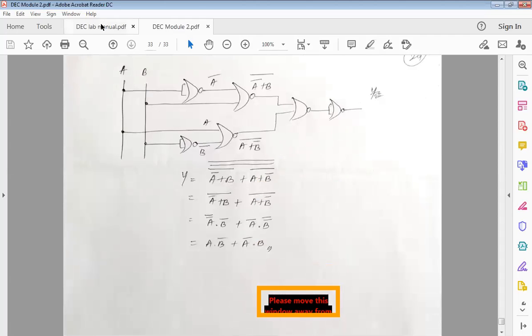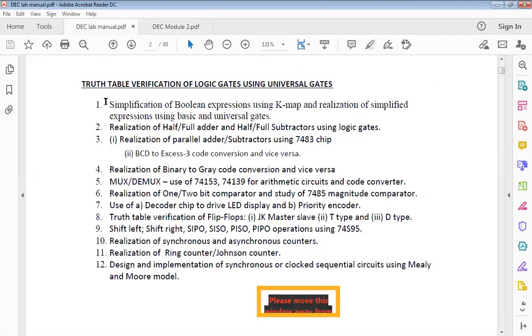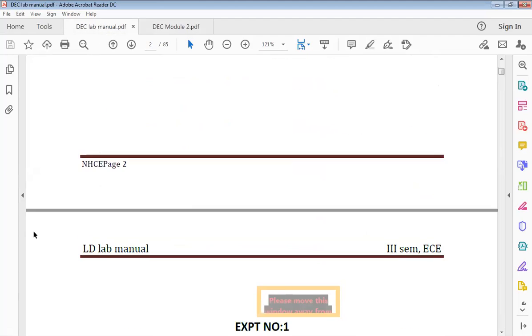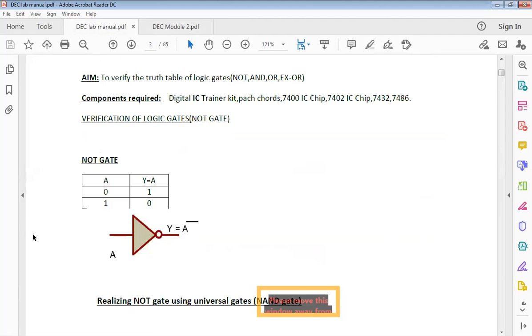So let's get started with your experiment now. I hope you are very clear with K-map and with basic gates. Now that I have taught you how to implement using universal gates, let's get started with experiment number 1. Here you will be needing your digital IC trainer kit.